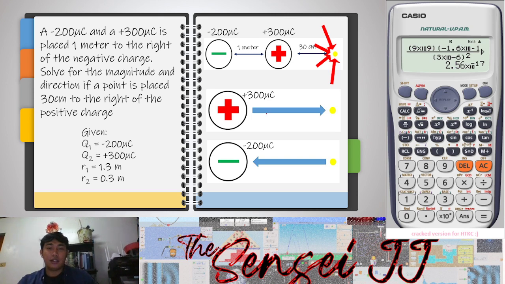As you can see, there will be a difference of movement of our point. Our positive charge is moving to our point while our point is moving to the negative charge. And it's magulo masyado. Pero hindi, hindi yan magulo.